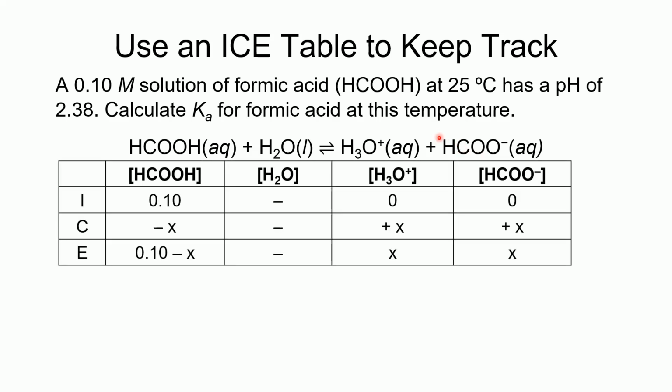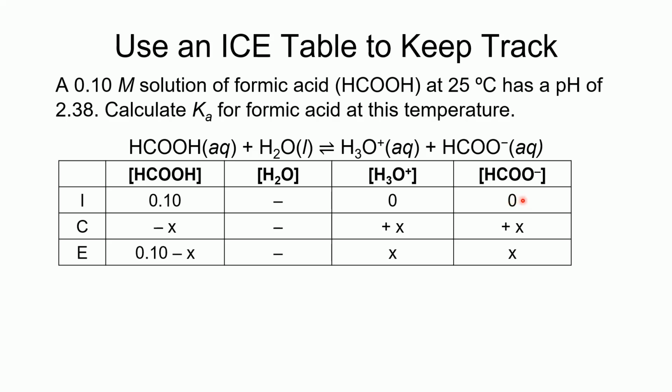So here is our concentration table. We've got the initial concentration of 0.1 for our formic acid. Water we ignore because water is not in the expression. Hydronium ion is 0, and the formate ion is also 0.